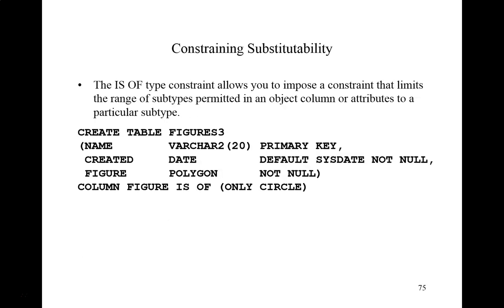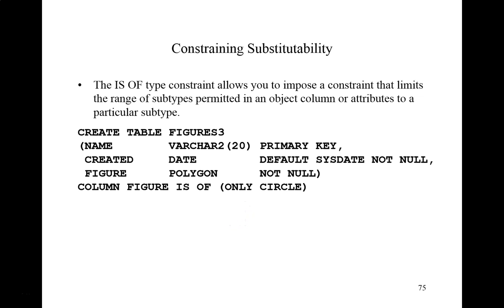The is-of type constraint allows you to impose a constraint that limits the range of subtypes permitted in an object column or attributes to a particular subtype. We discussed the use of the only keyword previously. Here's an example showing how it could be used.